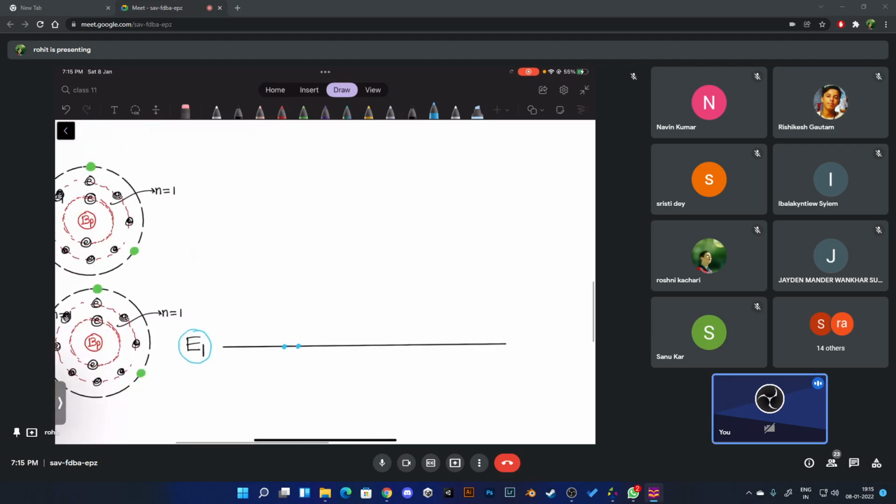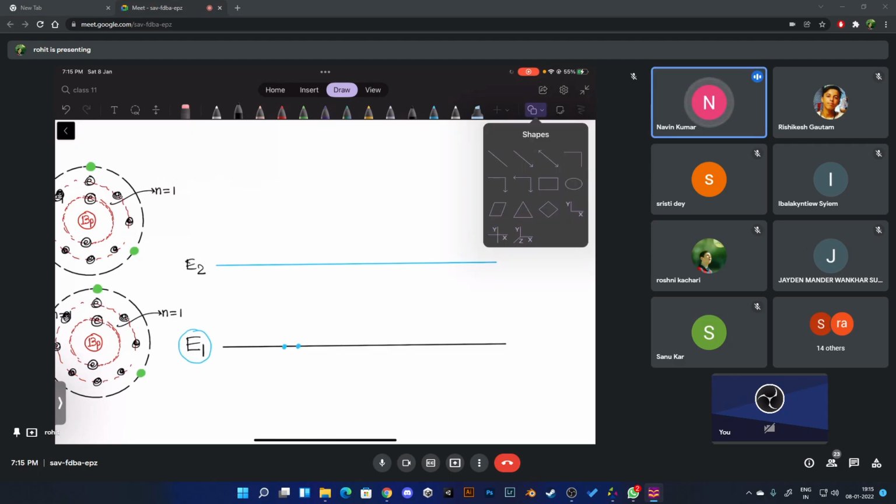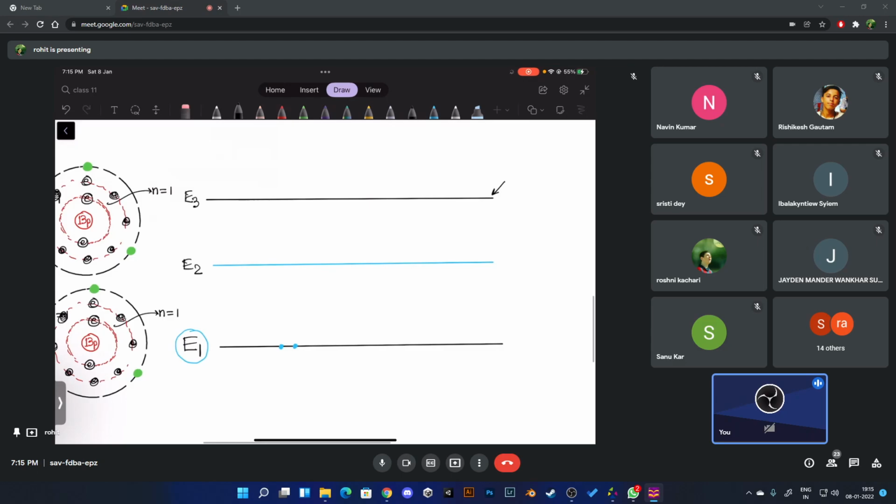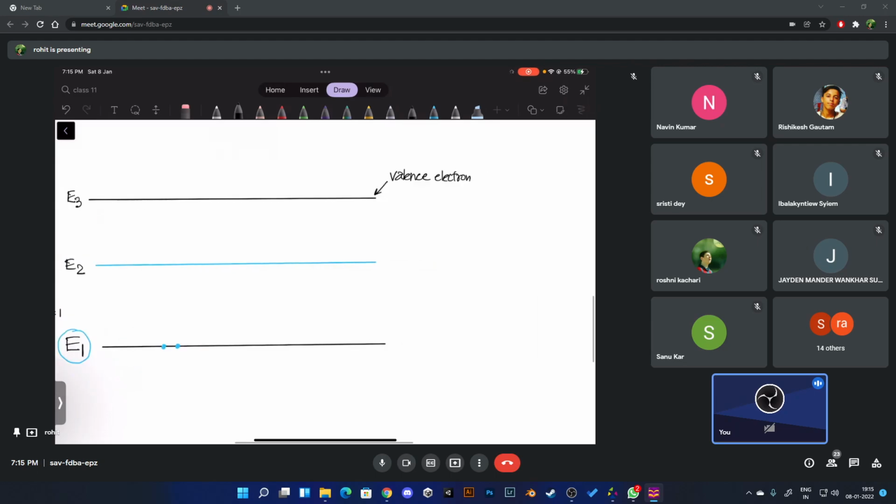Then I have another level here, which we call E2. Then I have another one, which I will call E3. This represents the energy level for the outermost electrons, the valence electrons.